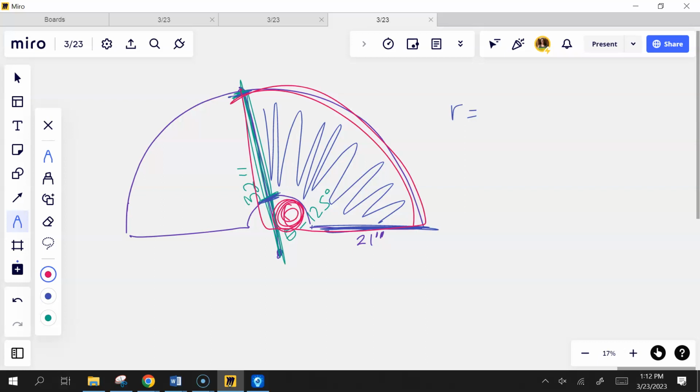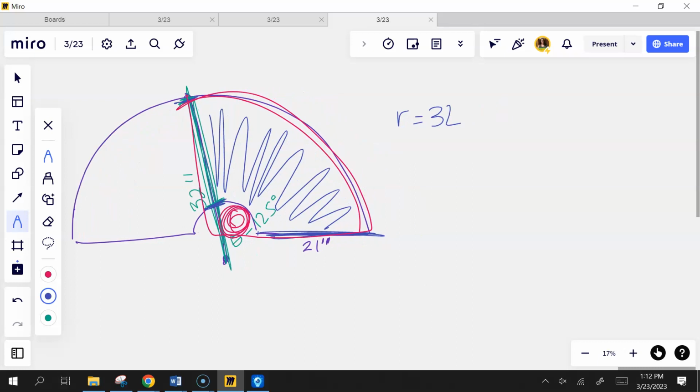So what I'm going to do, I'm going to do my entire radius being 32. And then I'm going to do one that has a radius, I want just this little piece right here.